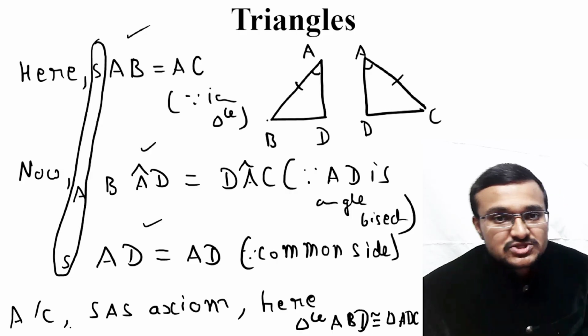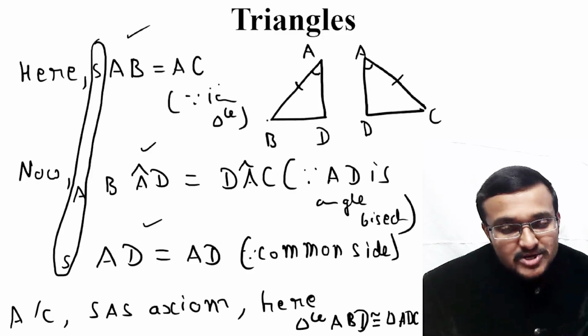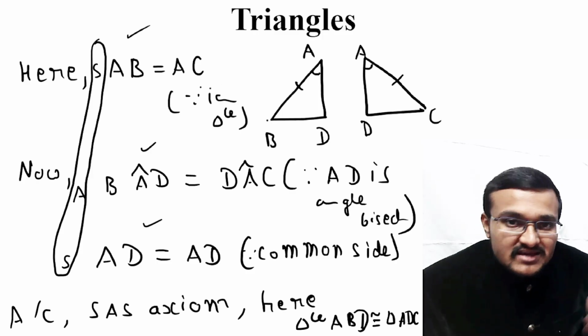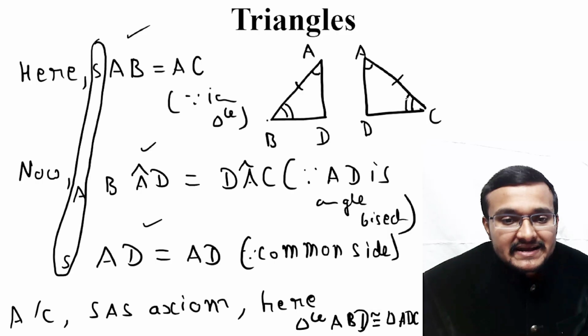So now we have proved these two triangles are equal. So straight away corresponding sides and corresponding angles, that is corresponding parts of congruent triangles, will be equal to each other. So that means this angle will be equal to this particular angle.